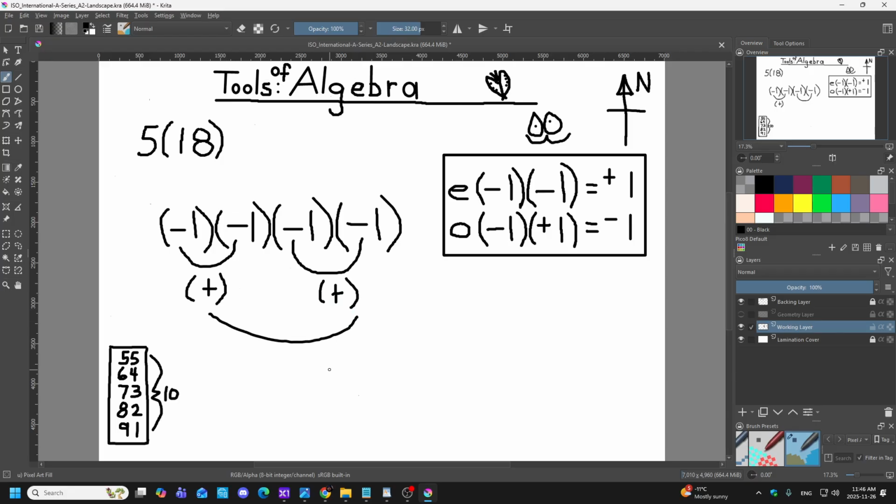We're multiplying two positives, just like right here. We don't need to write positive because we know it's implied. We don't need to actually write the sign for each one. It's not necessary. So in this case, our final answer is going to be positive.